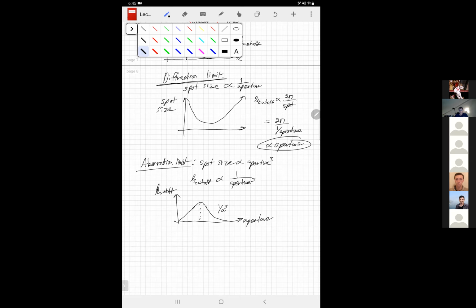And this should be pretty close to where we found the minimum spot size on an earlier assignment. So I'm basically asking you to verify that there's this inverse relationship between the cutoff frequency and the modulation transfer function and the spot size. Any questions?